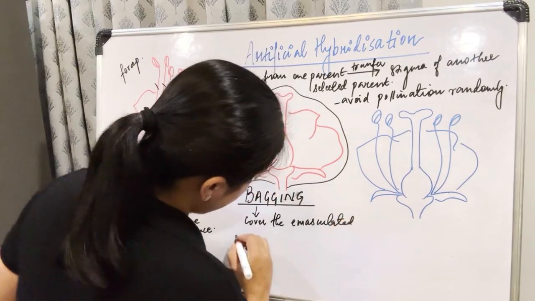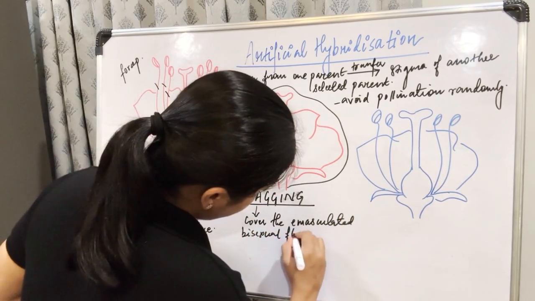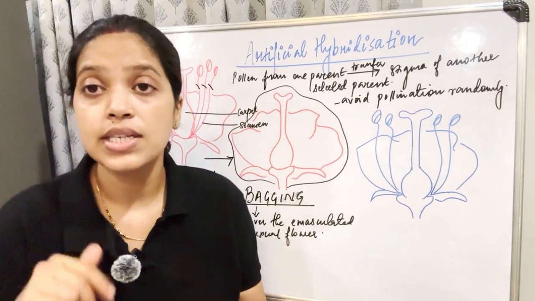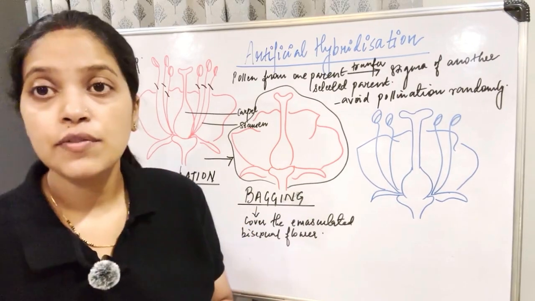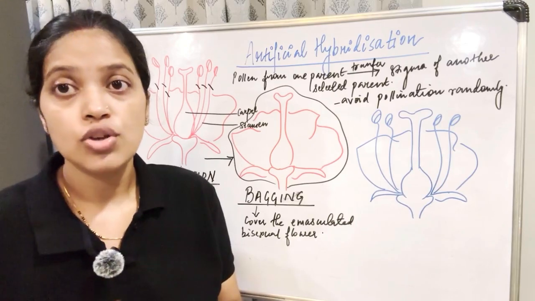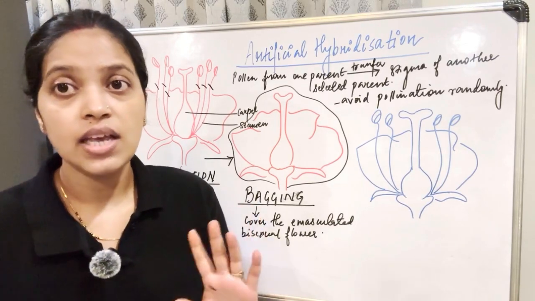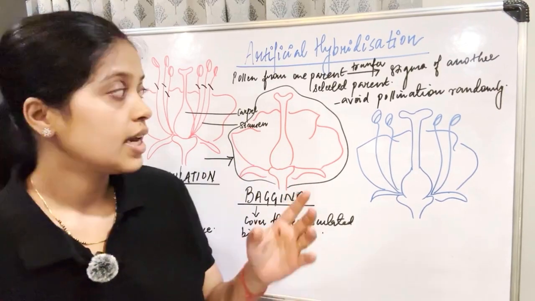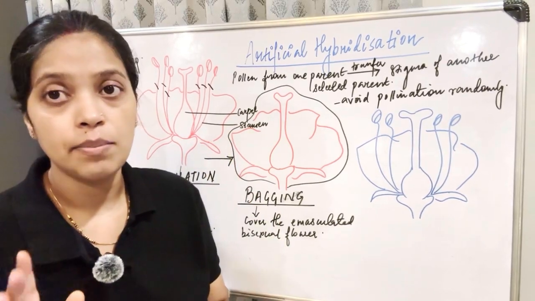But in case we have a unisexual female flower, we don't do emasculation, but we do the bagging, because we have to prevent cross pollination. We have to prevent any pollen from coming through wind or insects and reaching the stigma, so we prevent any random pollination.